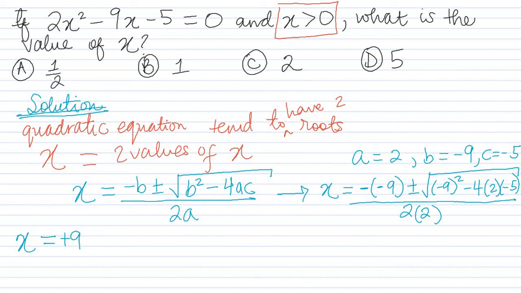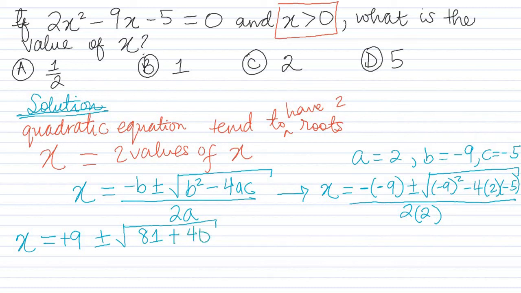I'm continuing the work at the bottom left corner of the screen. Plus or minus, you have negative 9 squared, which is the same thing as 81. So negative 4 times 2 is negative 8, and negative 8 times negative 5 is positive 40.